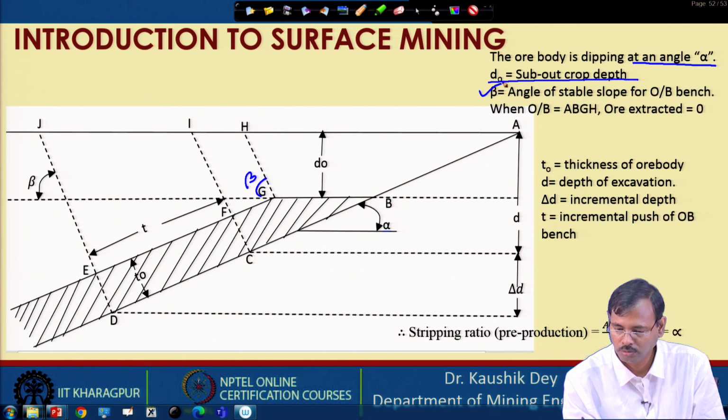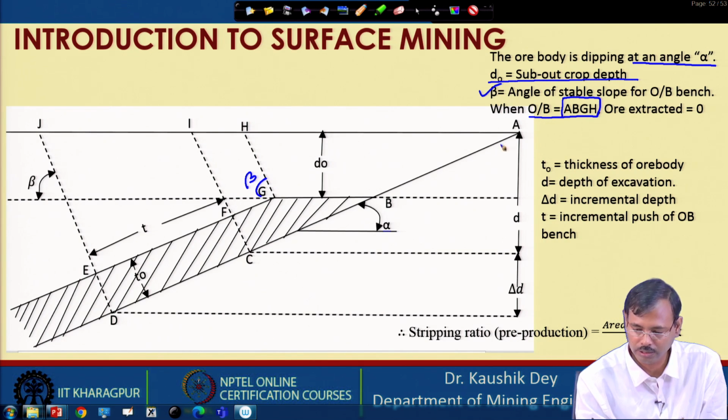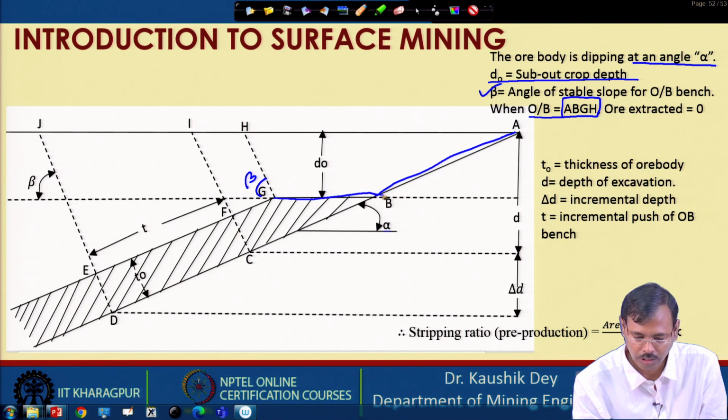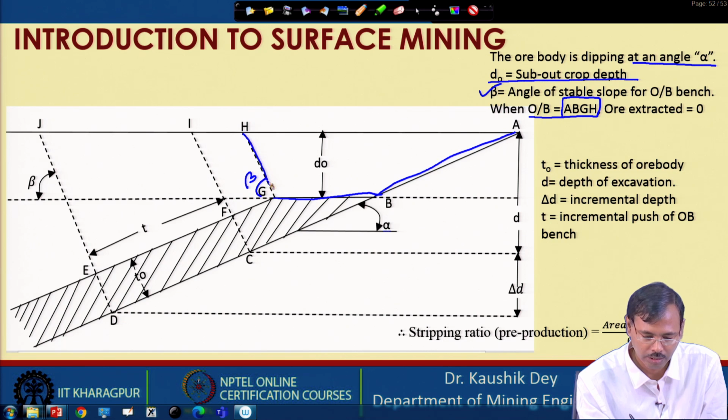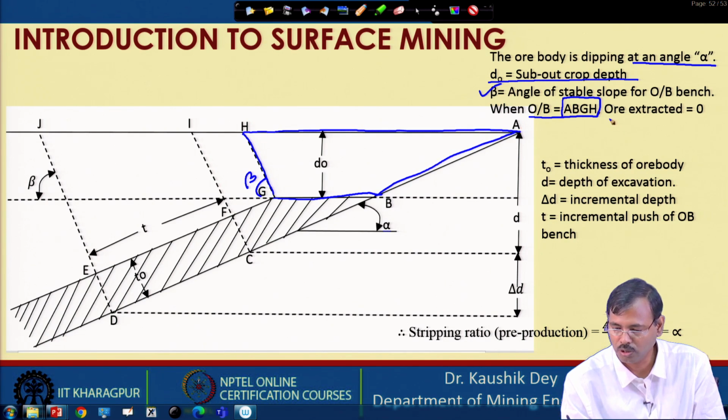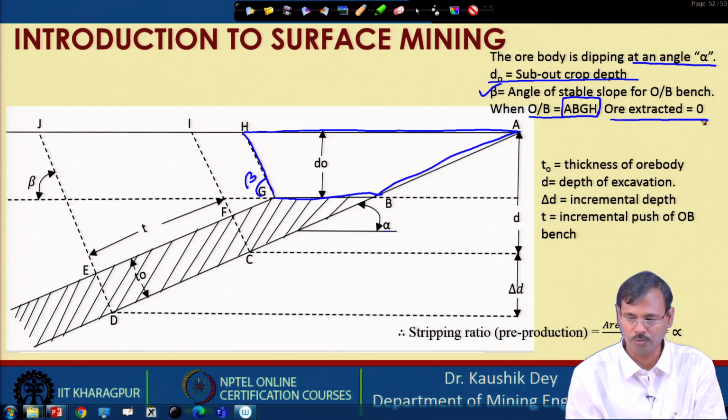Now, at the very beginning, when your overburden has an area of ABGH, your ore excavated is 0.